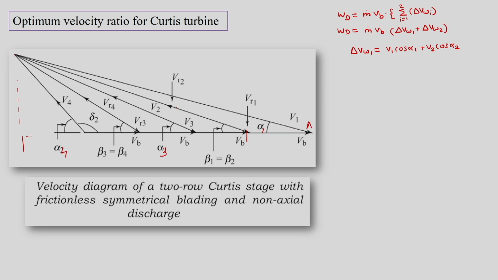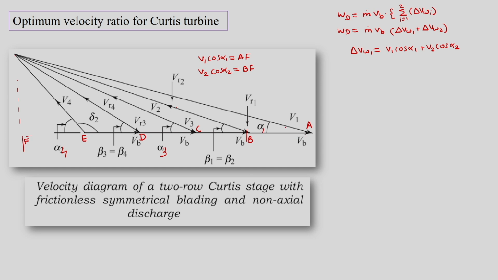If we name the points A, B, C, D, E and F, then V1 cos alpha 1 is equal to AF, but V2 cos alpha 2 is equal to AF plus BF.